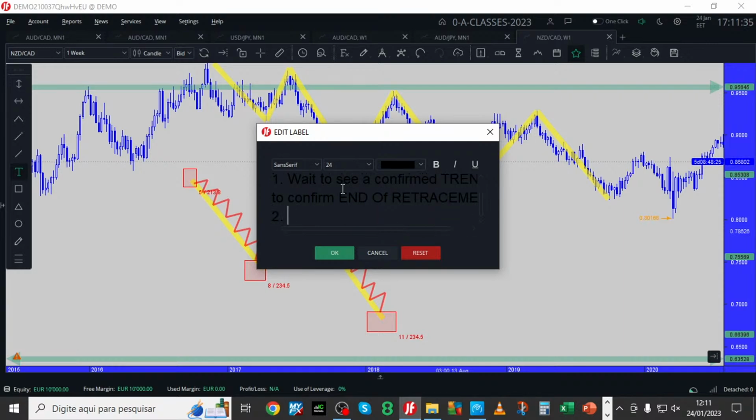And number 2, after you enter the market, the stop loss goes above or below the previous market wave high or low. Now this is the important part.